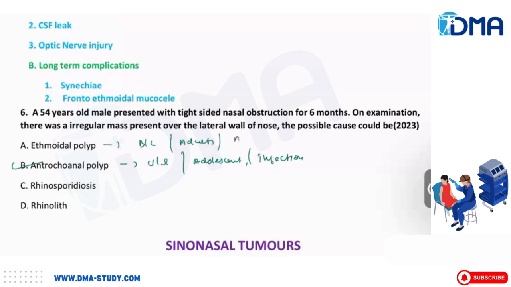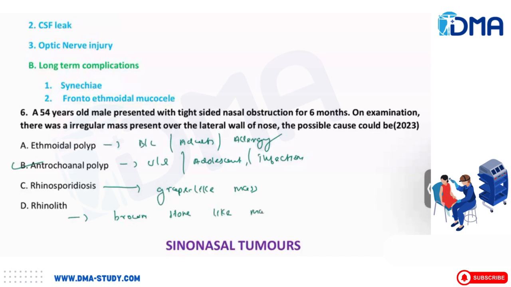It's due to allergy. So based on the side, based on the presentation, you could see it as antrochoanal polyp. A rhinosporidiosis produces not an irregular mass, it is a grape-like mass. Rhinolith is a brownish stone-like mass.